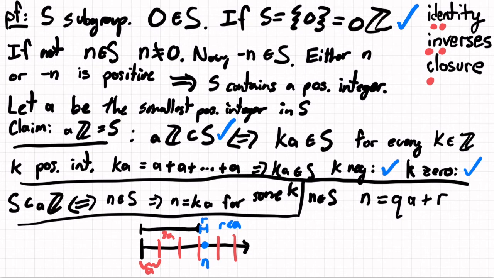And this sort of picture, I think, kind of shows it. So the important thing here is that r is less than a. And of course, it's greater than or equal to 0.